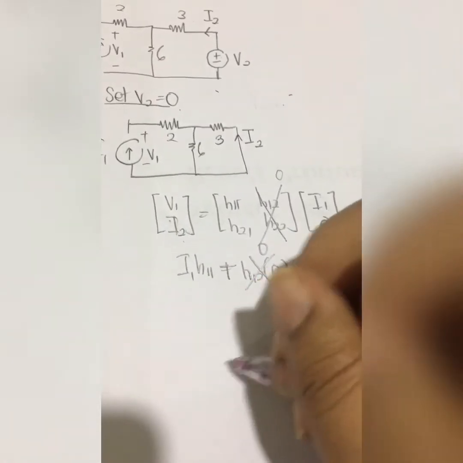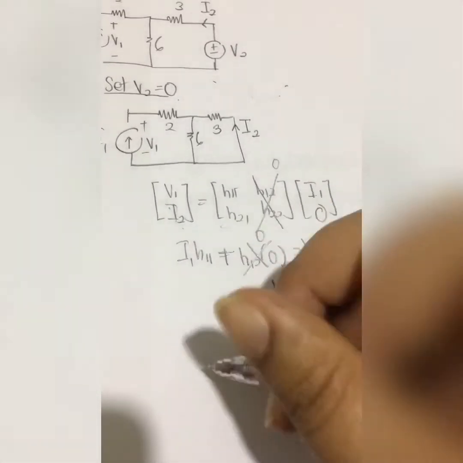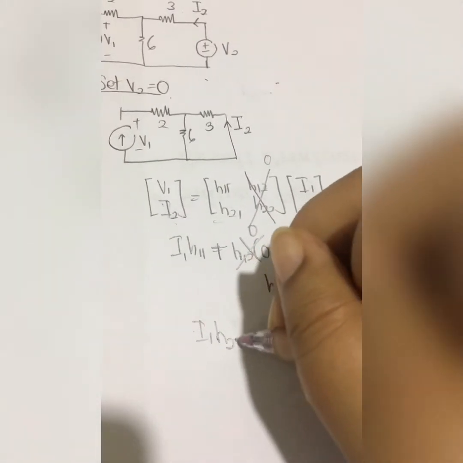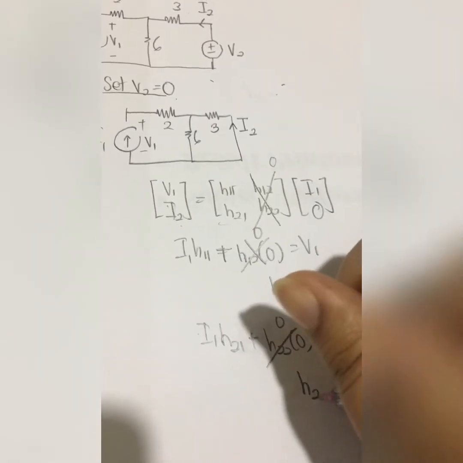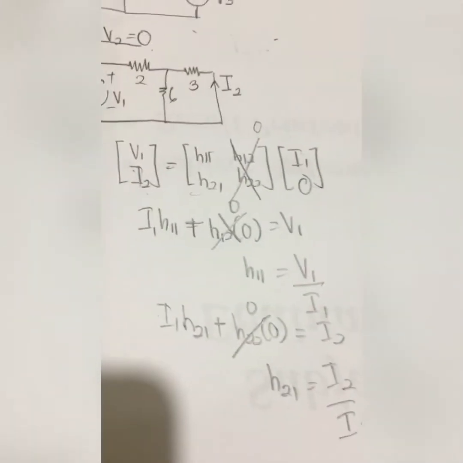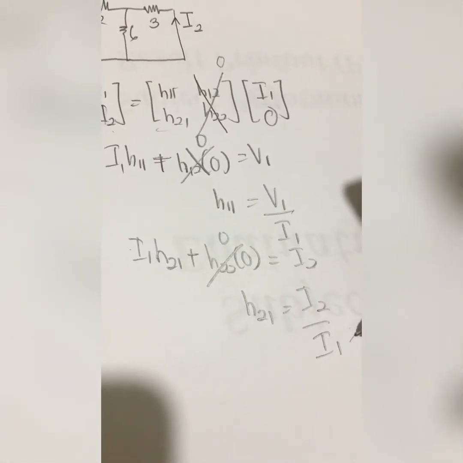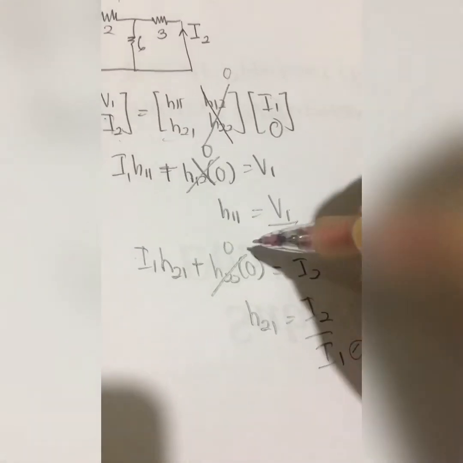Similarly for this row, I1 multiplied with H21 plus 0 multiplied with H22 equals I2. So H21 is equal to I2 divided by I1. For both parameters we have I1, so we need to find V1 and I2 in terms of I1 to calculate H11.